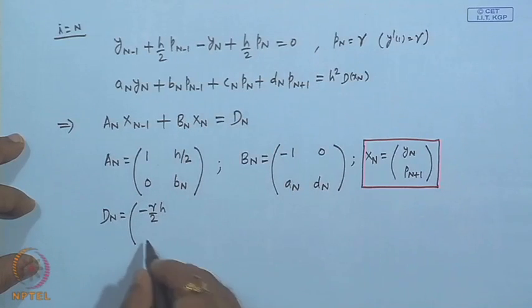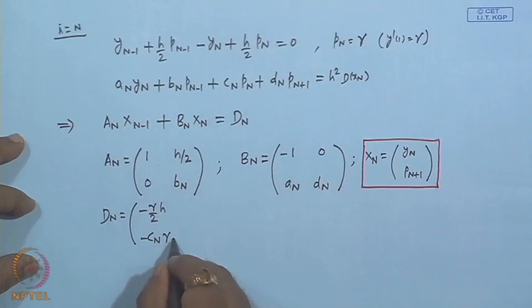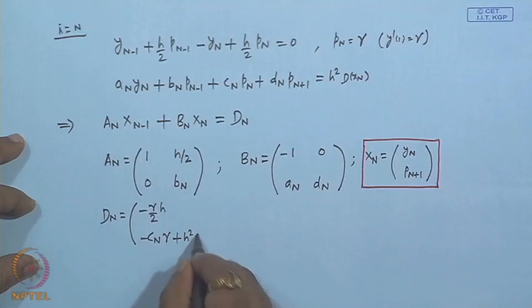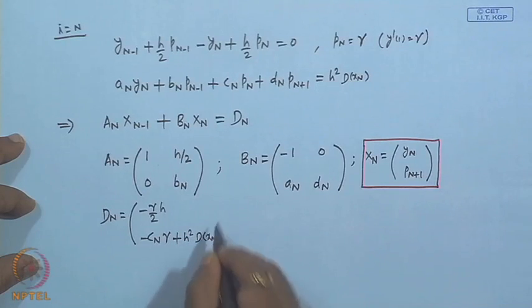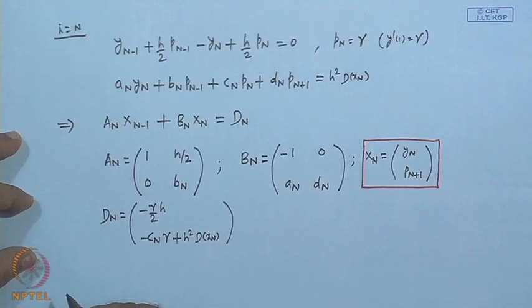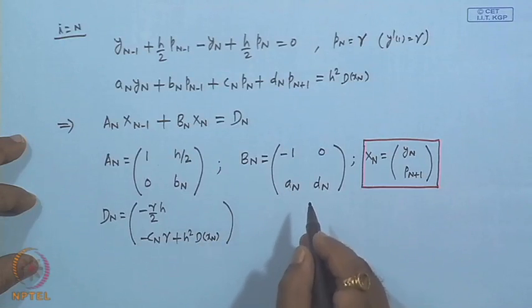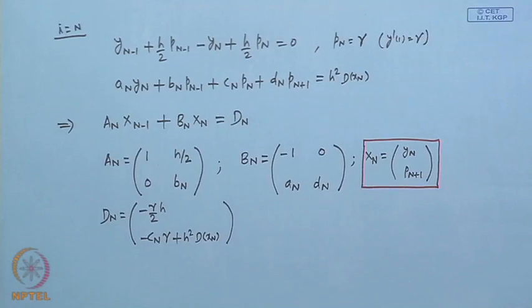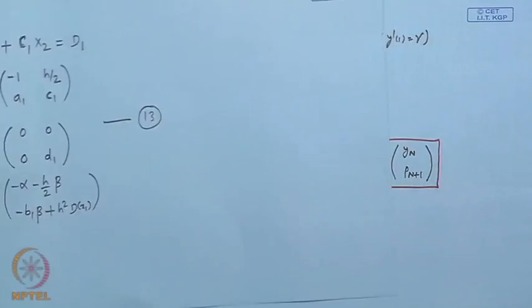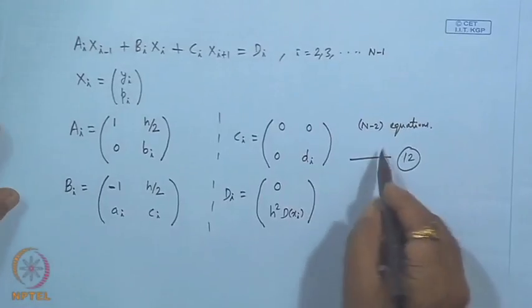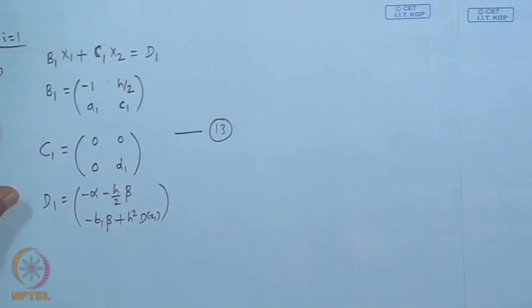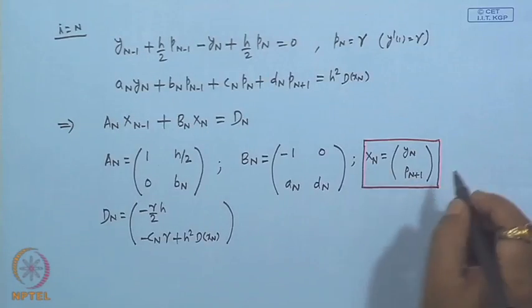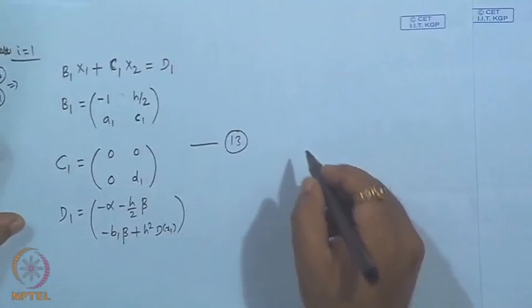So, minus c n gamma, okay, right. So, we have, let us compile n minus 2 equations, then this is another equation.